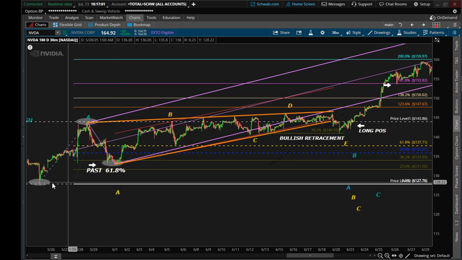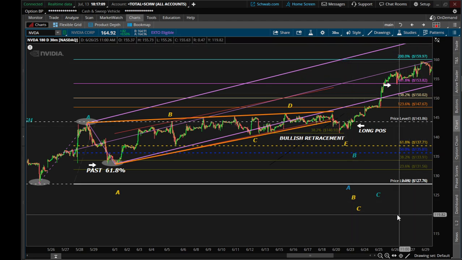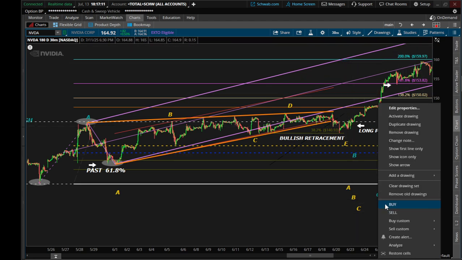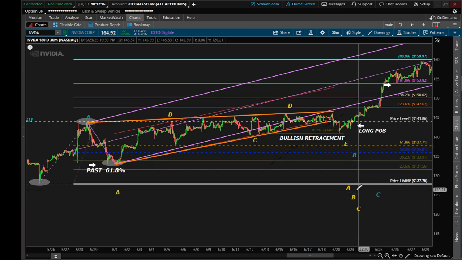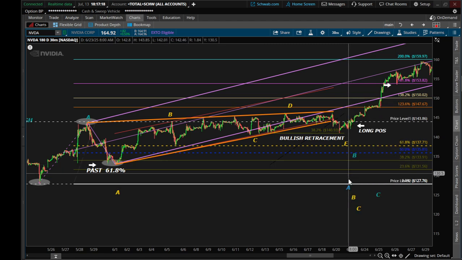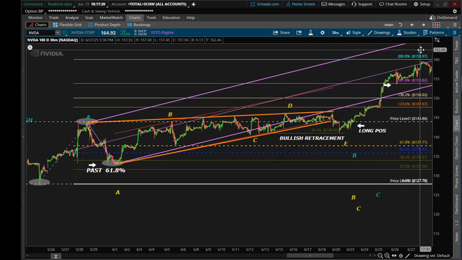So anyways, now we have our A and our B, and this was either our C or an A of our C. Okay, but that's next week. We'll play that one out. So right now we're going to go ahead and put this as an A of C. So we'll label it in yellow.